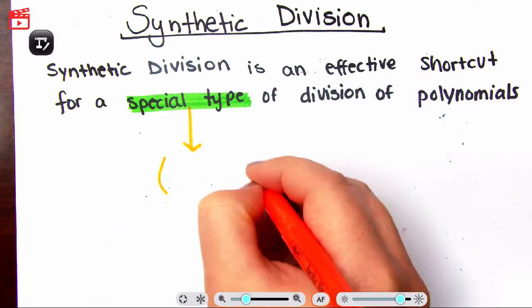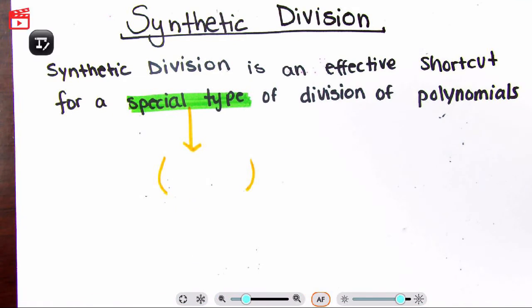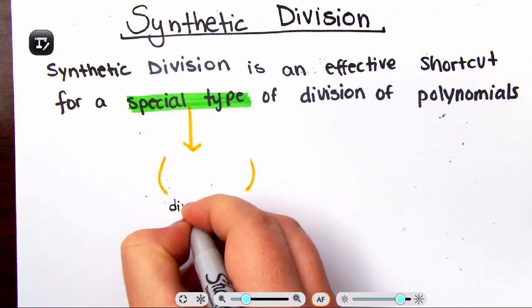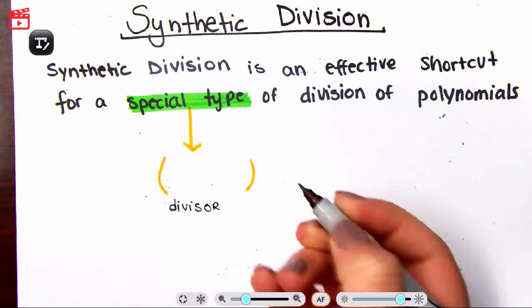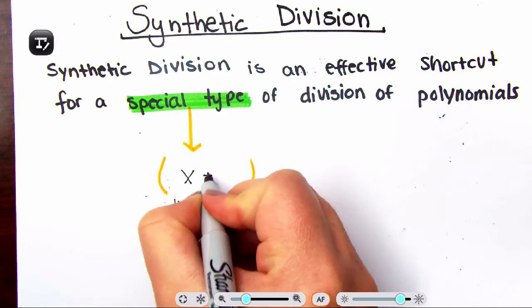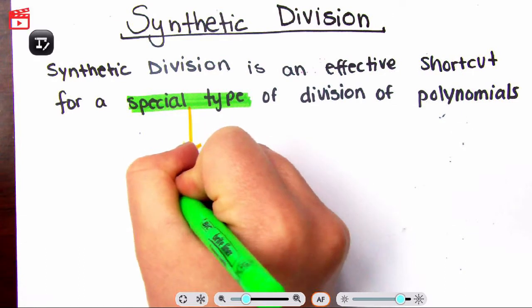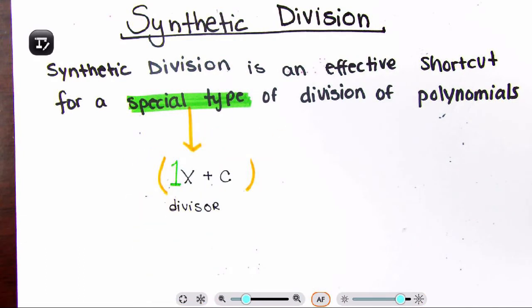Your divisor must have a coefficient of 1. If your divisor does not have a coefficient of 1, you cannot use synthetic division, and you must use long division.